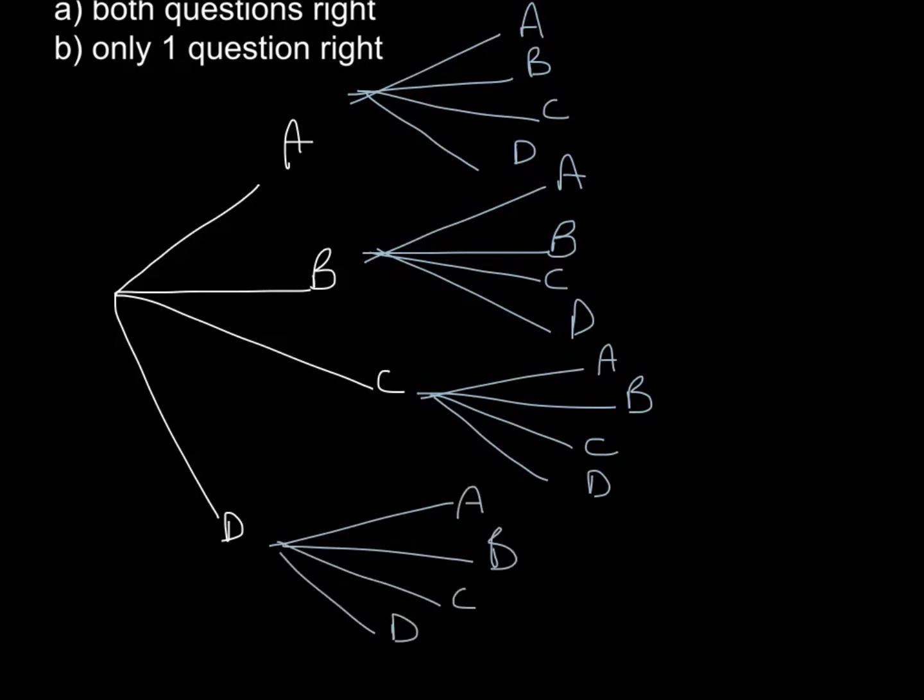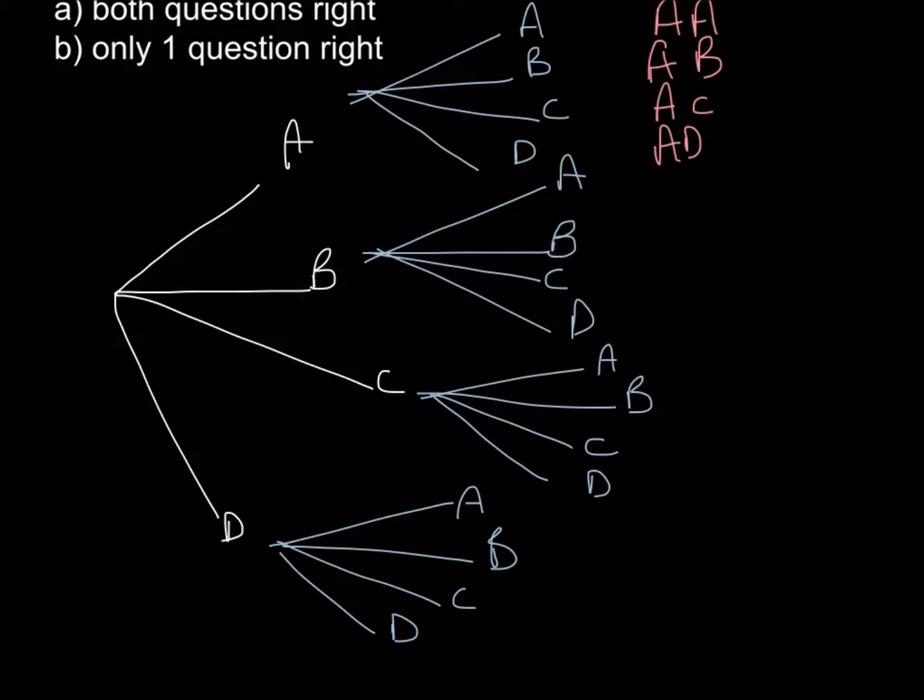So now that we've drawn our tree diagram, we can list all of the different possible combinations of choosing 2 different answers. So along this first branch here, we could have chosen A and A, so 2 A's. The next branch would show A, B, A, C, and A, D. Then, if we go along the second branch, so imagine Sam chose B as his first one, and then B as his second one.